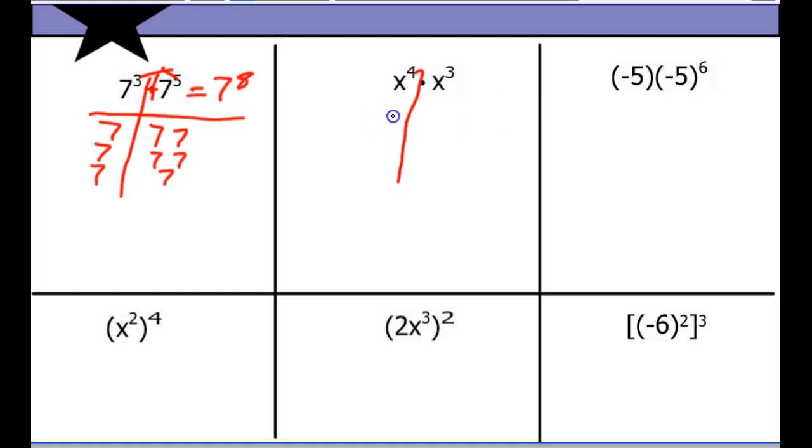Here, if we make our table, we have 4 x's, so x 4 times, and x 3 times. So 1, 2, 3, 4, 5, 6, 7. Our answer is x to the 7th power.